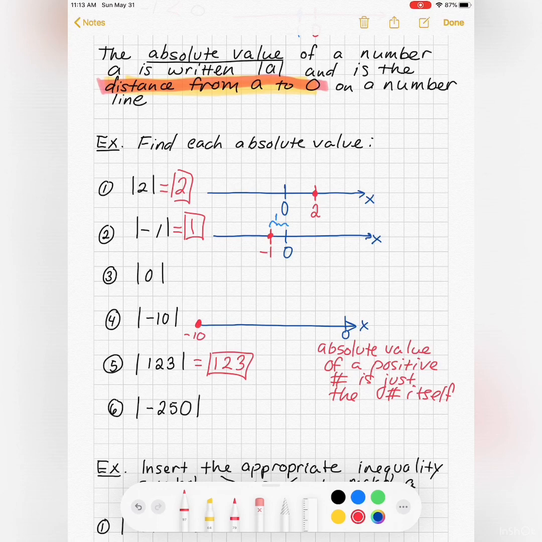Okay. So what is the distance from 0 to -10? The distance is 10. Okay, so I would say the absolute value of -10 is just 10. So let me move this over.